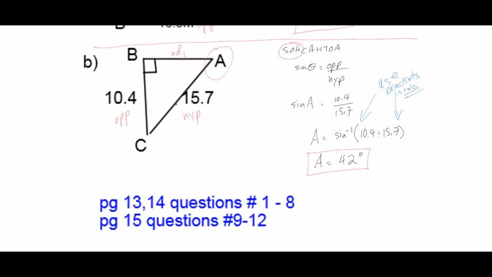In this case, because we have the hypotenuse and the opposite, we're going to use sine. Now we do our appropriate substitution and then we calculate our final answer. Now remember, when you punch this in, you're going to either use the brackets or calculate this decimal first and then use sine inverse of whatever answer you get from here to get this final answer.